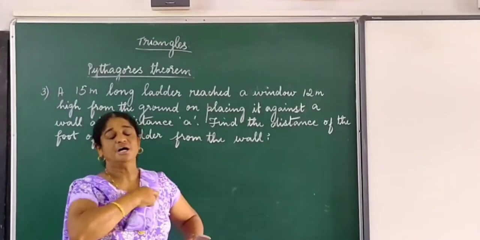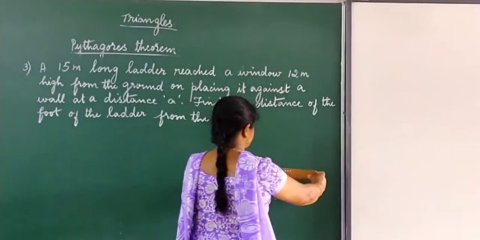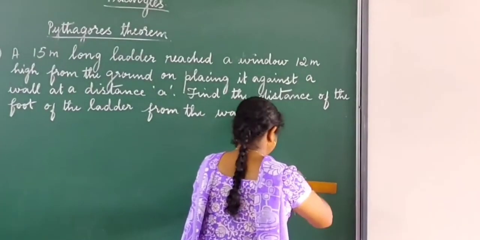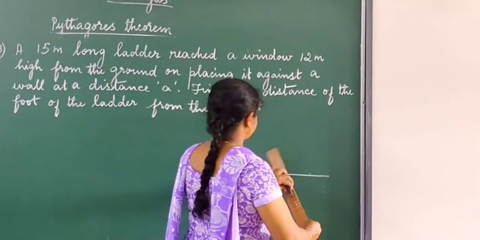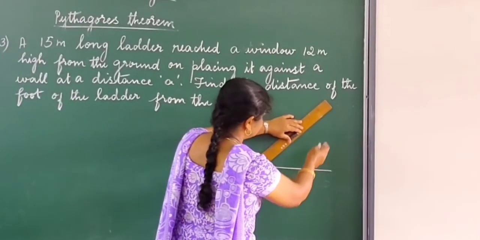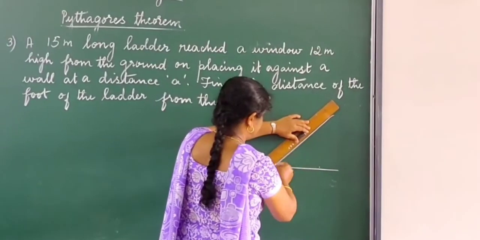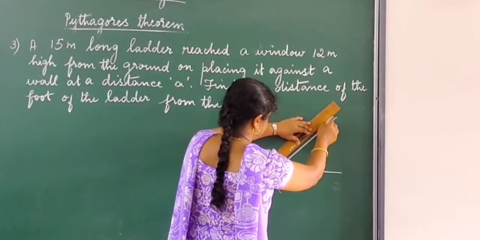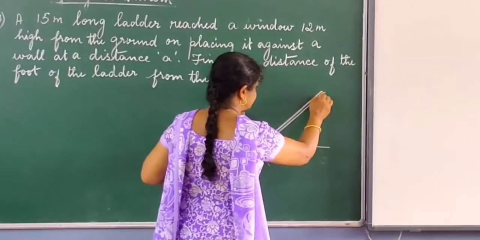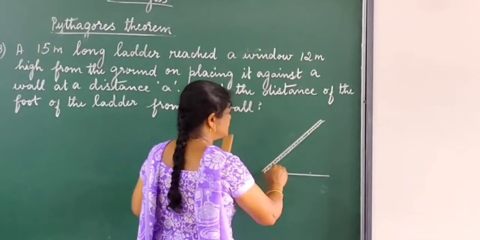Now we will draw a rough figure. Always we have to draw a rough figure. This is the ground level. The ladder is being placed slanting against the wall, and the wall is vertical.